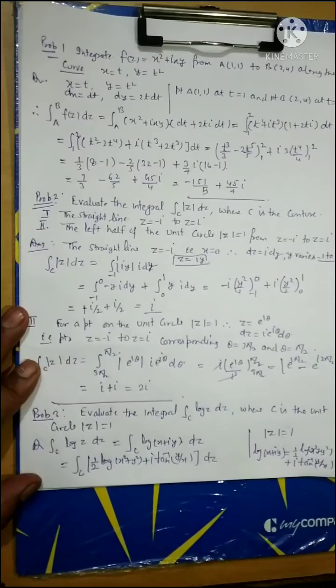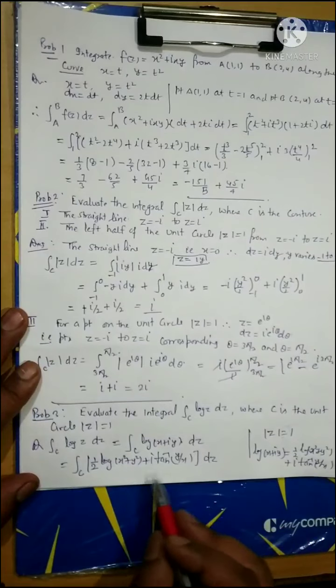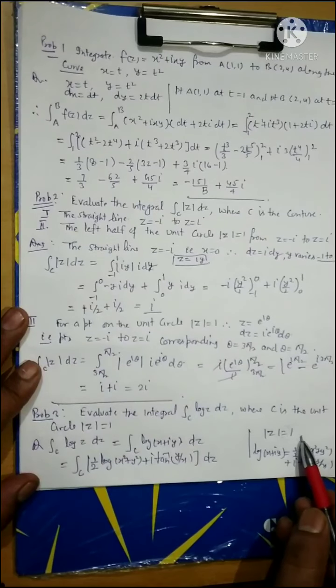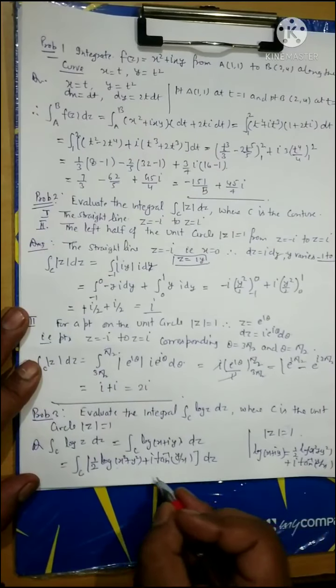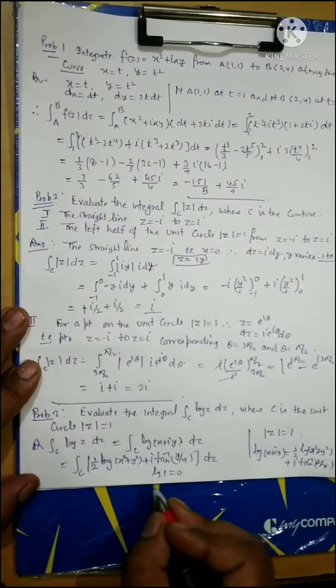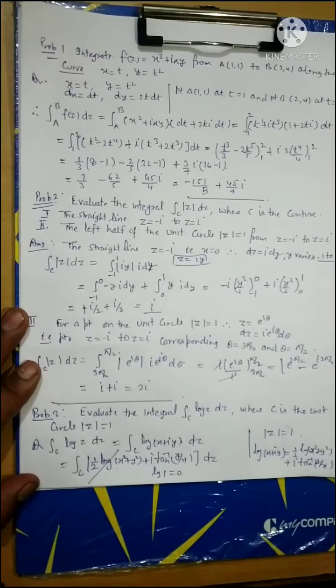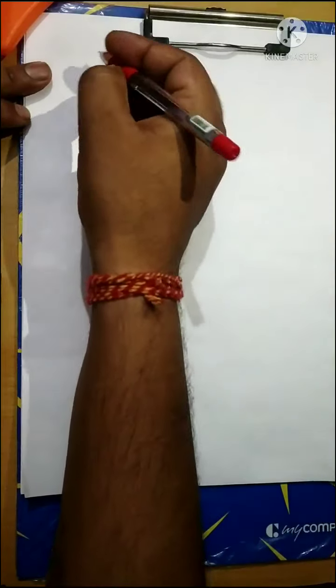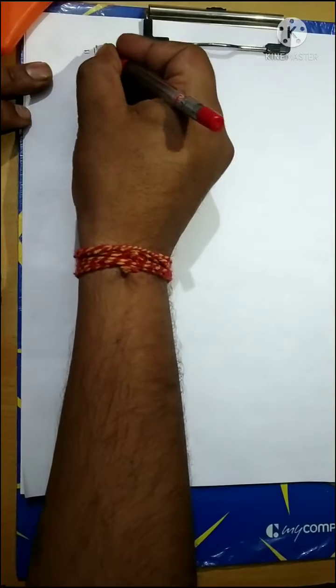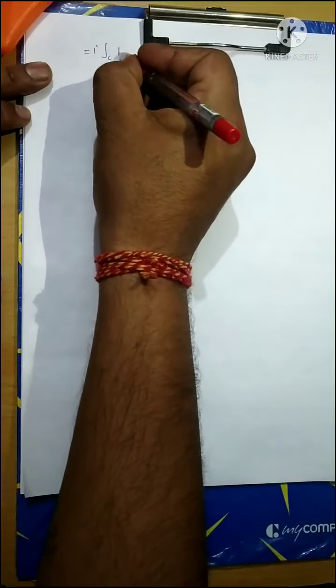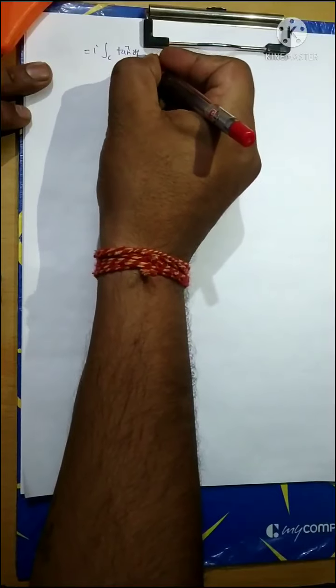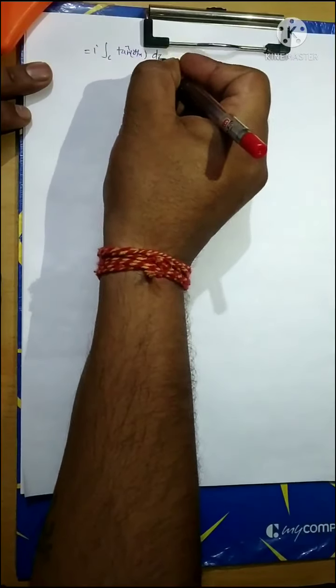Now dz is as it is, since x square plus y square is equal to 1. Now log 1 is 0, therefore the first integral will vanish. Now we get i integration over C tan inverse y upon x dz.